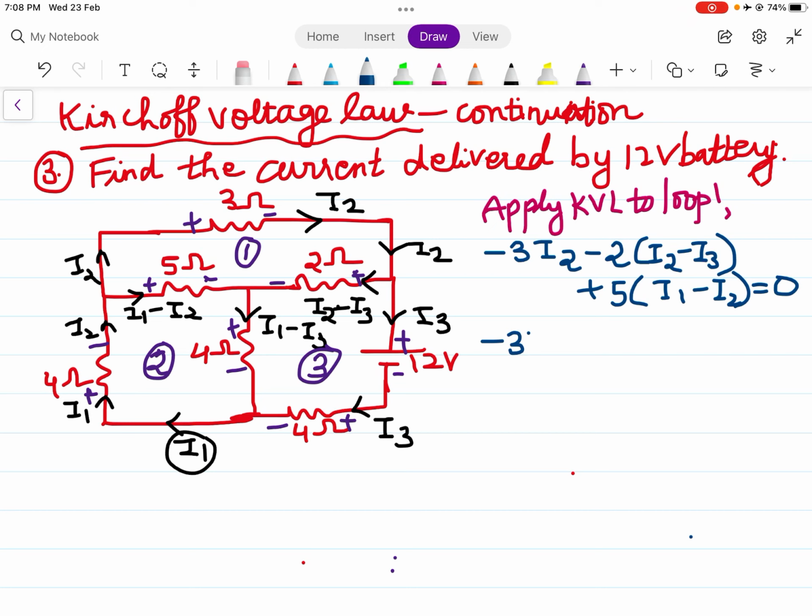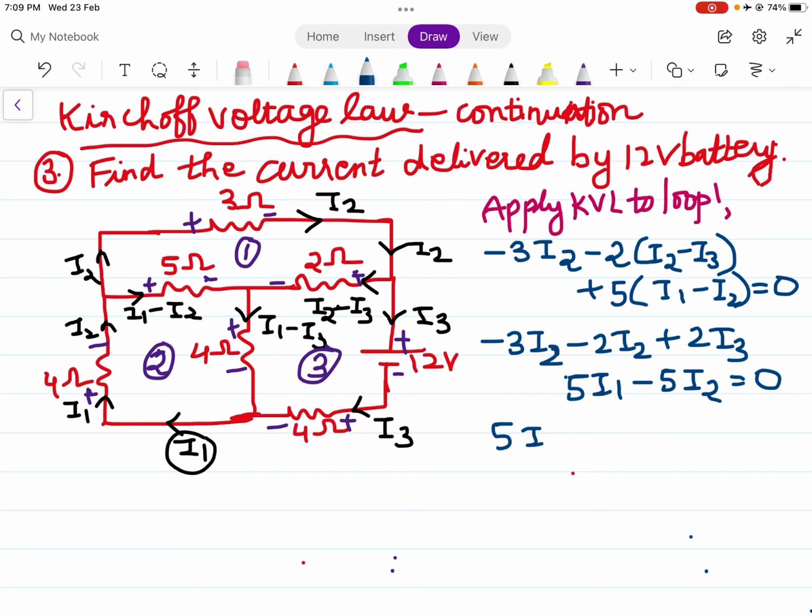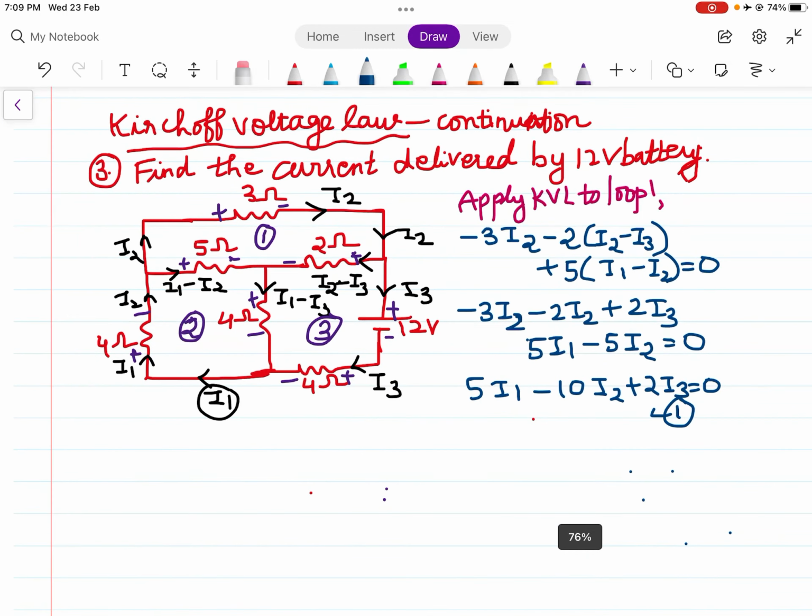So minus 3I2 minus 2I2 plus 2I3, plus 5I1 minus 5I2 equal to 0. So 5I1 minus 10I2 plus 2I3 equal to 0. Equation number 1.